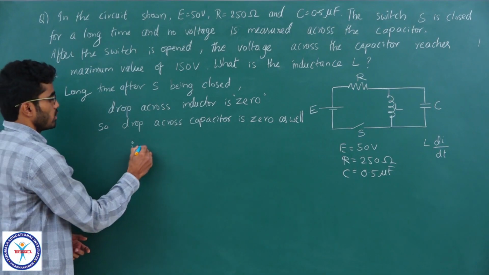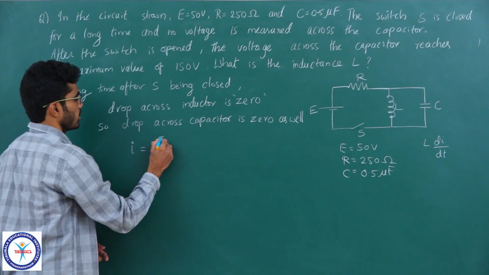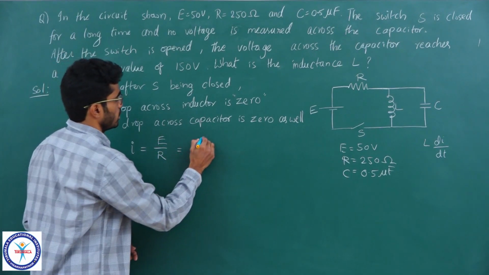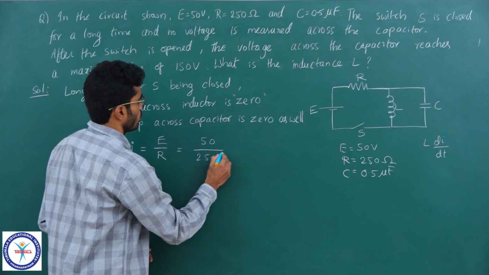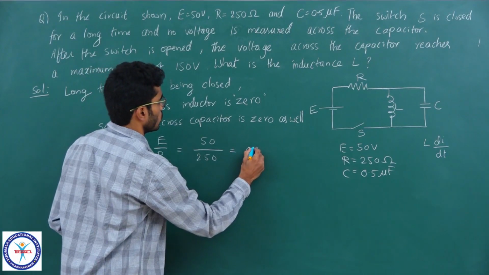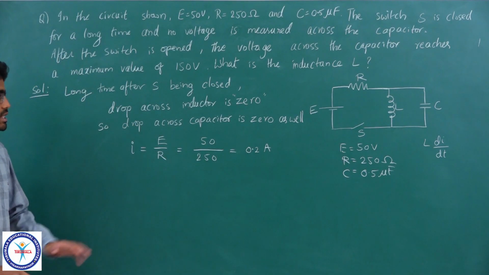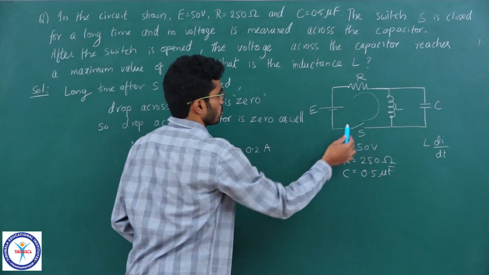And the current value is given by, there is only one resistor here, it is given by E by R. So that is E is 50 volts by resistance is 250. So you will get 0.2 amps. So initially this value of current is set up in this circuit, in this loop.